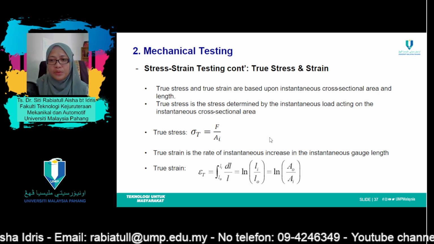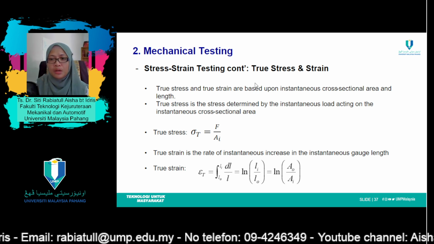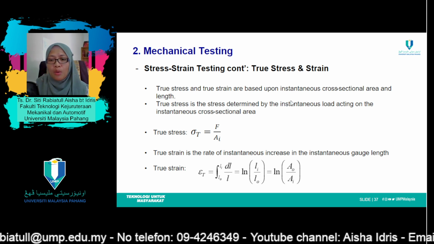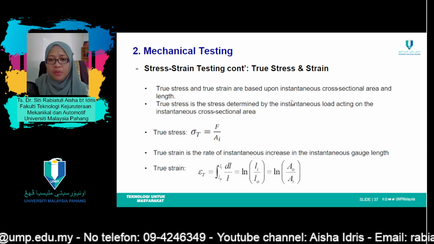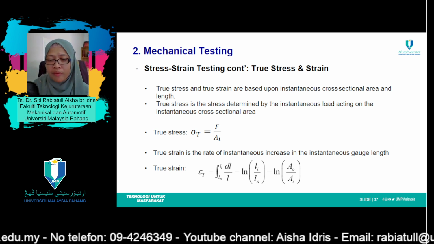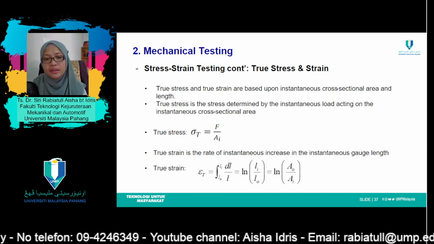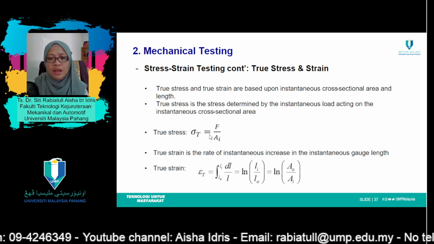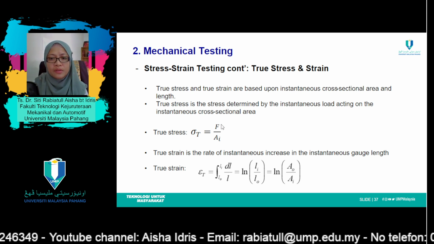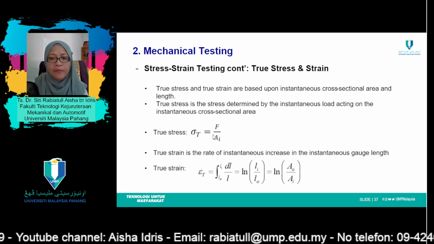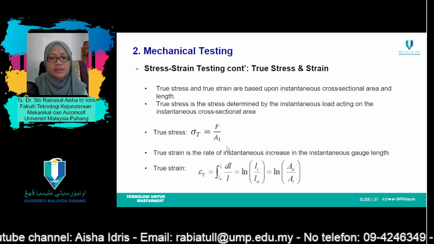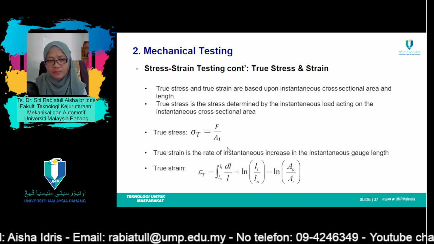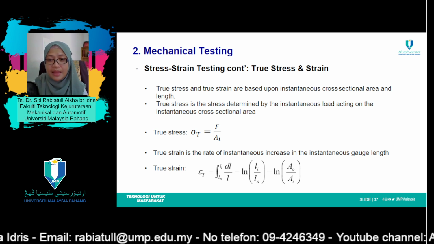Other than that, you will also need to know what is meant by true stress and strain. Well, the formula is the same for stress or strain. However, the difference is that, for example, true stress is force over area, but the area refers to the changing area with respect to time of the specimen at that load.